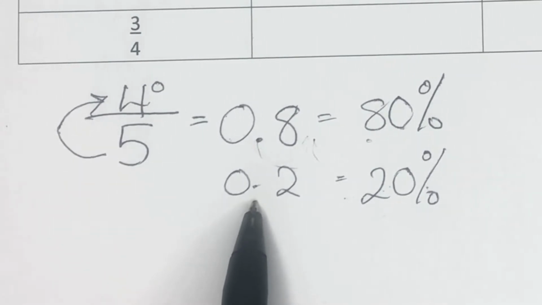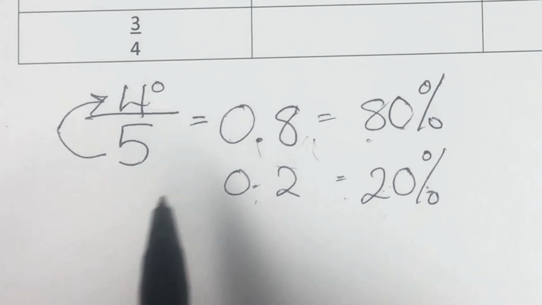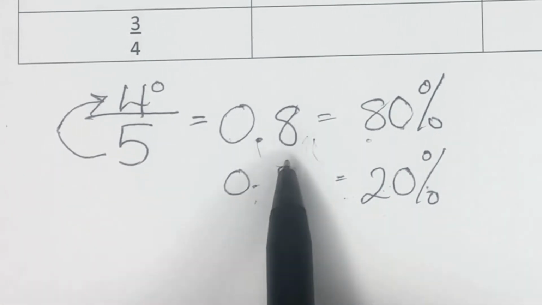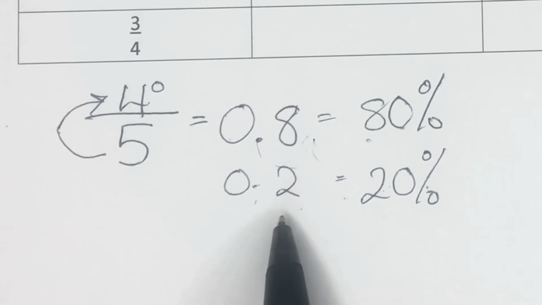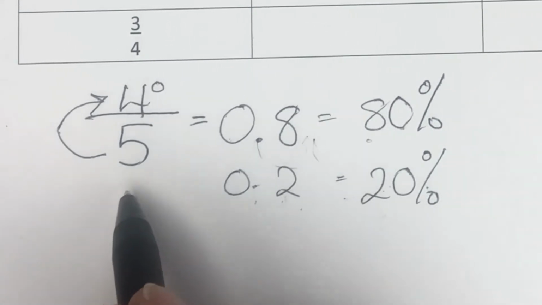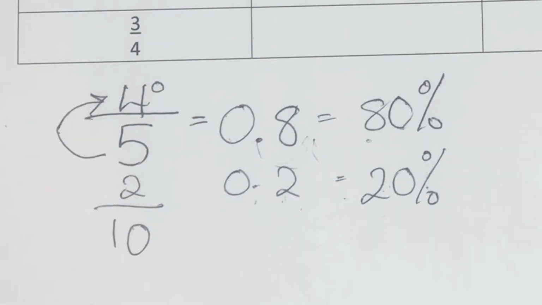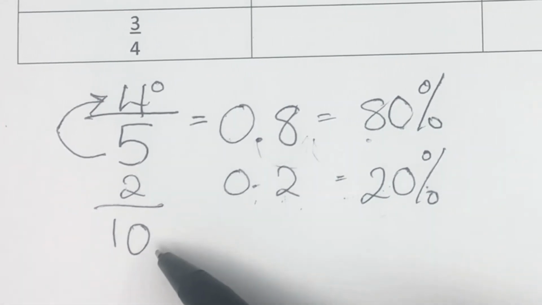And then now, if we want to make it into a fraction, what place is this in? So you can see, if you know the place values of decimals, the first place after the decimal is the 10th place. T-E-N-T-H, the 10th place. So this is now 2/10. So as a fraction, you write 2/10, but then this needs to be reduced down to its lowest terms.